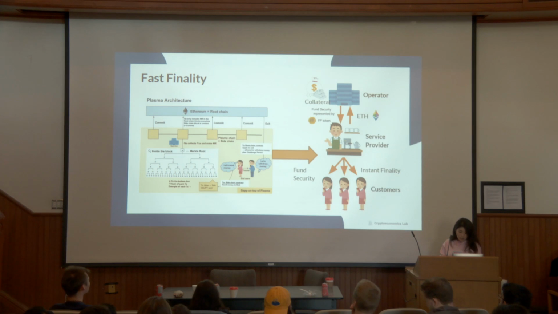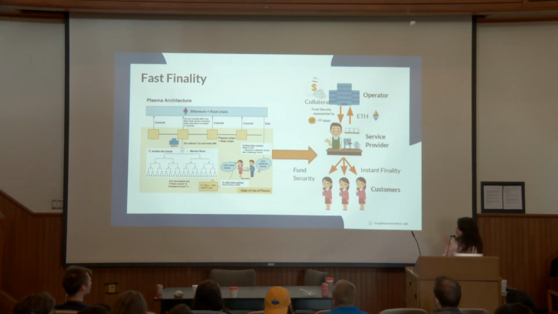So this is how this fast finality feature looks like. Service providers have to buy this bandwidth from the operator with a fast finality token, which represents the fund security collateralized by an operator, and they have to buy it from the point of sales wallet that they are using in their shops.